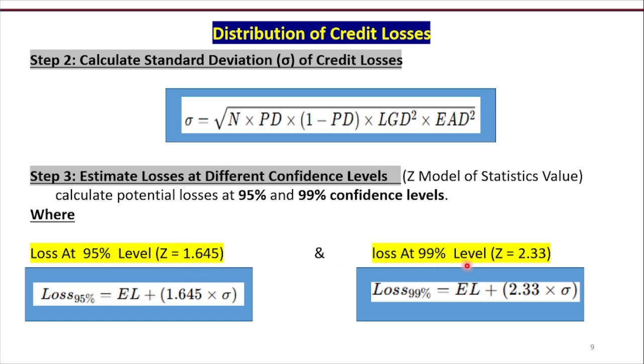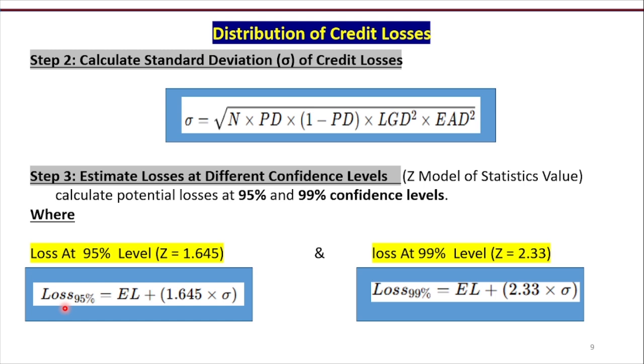Loss at 99%, the Z value is 2.33. Again, I am repeating, at 95% the Z value equals 1.645 and at 99% the Z value equals 2.33. You have to remember these two values if you are going to see this numerical in the examination.